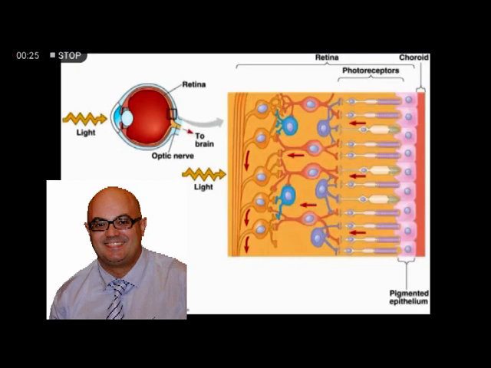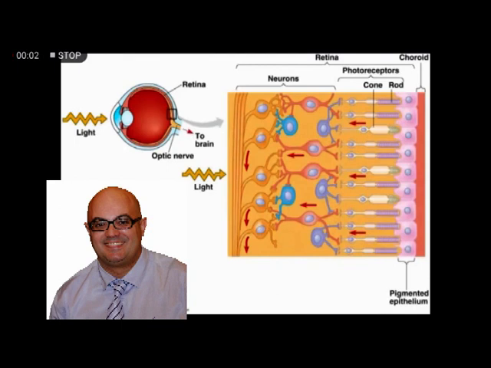However, the rest are usually conducted from many photoreceptors into a single bipolar cell, and from many bipolar cells into a single ganglion cell. This is called temporal summation. This type of conduction is seen in the periphery.